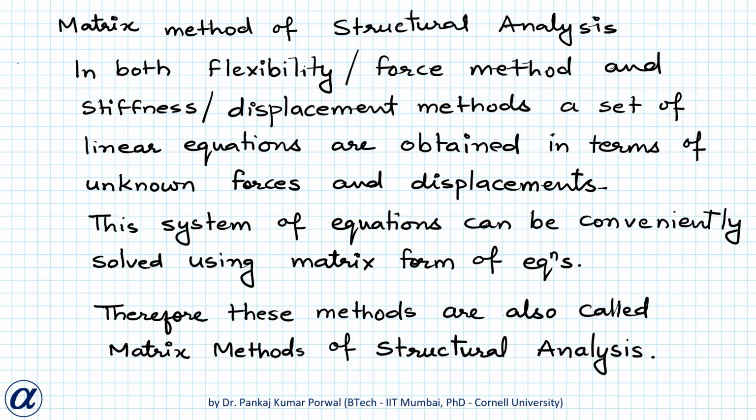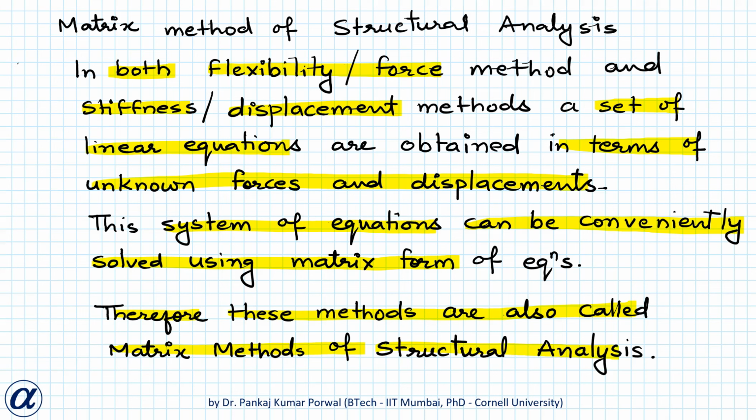And in both methods, we get a set of linear equations in terms of unknown forces and displacements, and we know that a system of linear equations can be conveniently solved using matrix formulation, and therefore these methods are also called matrix methods of structural analysis.